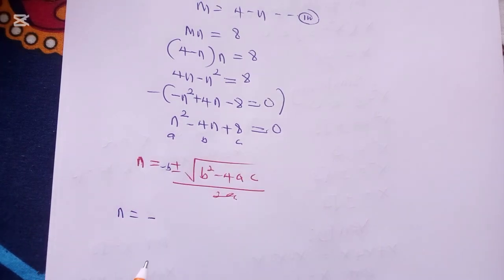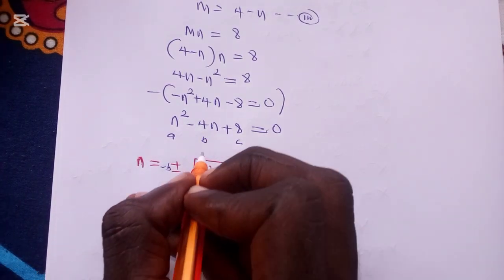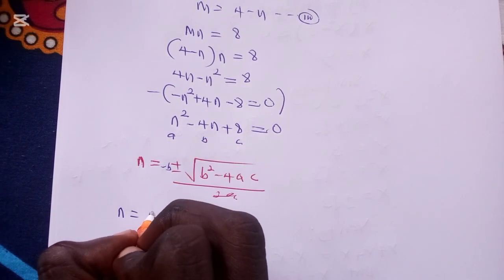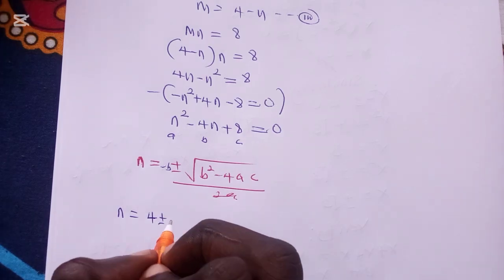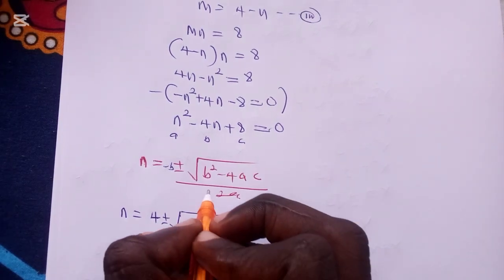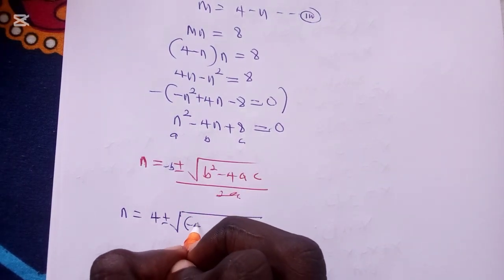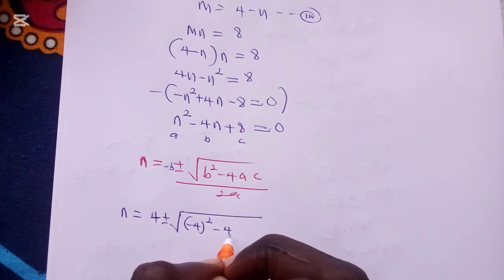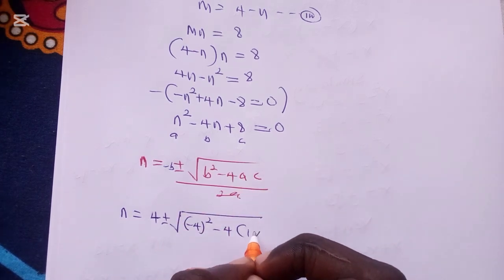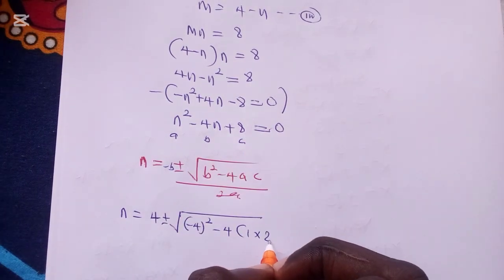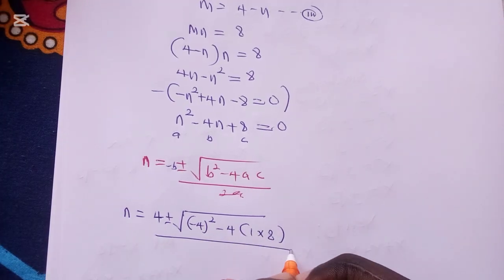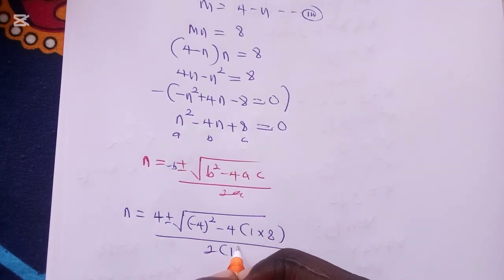What is b here? b is giving us minus 4, so this becomes 4 plus or minus the square root of b, which is minus 4 square, minus 4 into a, which is 1, multiplied by c, which is 8. Then we divide everything by 2 multiplied by 1.